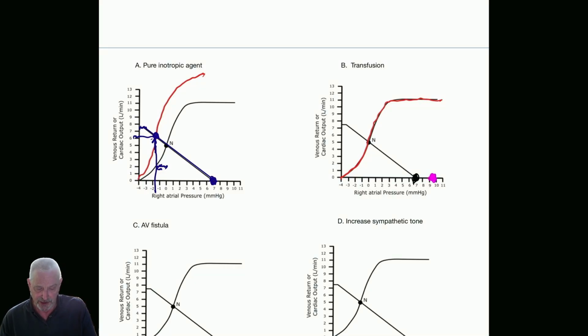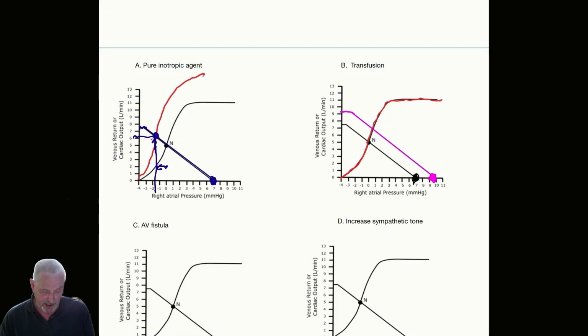And then the final question is, what does it do to arteriolar tone, to total peripheral resistance? And it doesn't do anything to total peripheral resistance. So we're going to draw our new venous return curve virtually parallel to our original venous return curve.